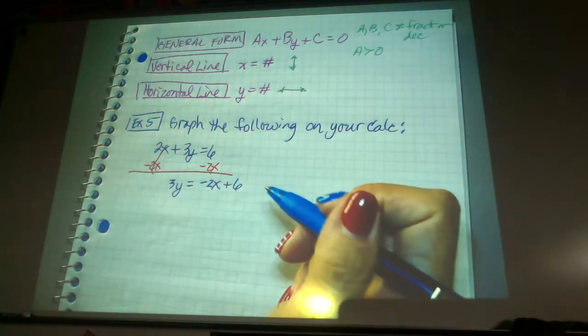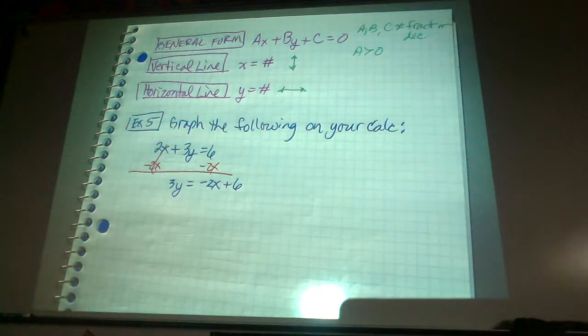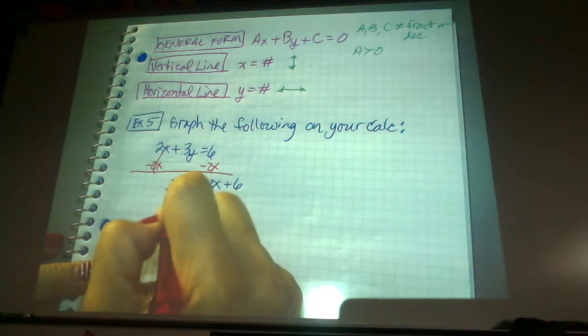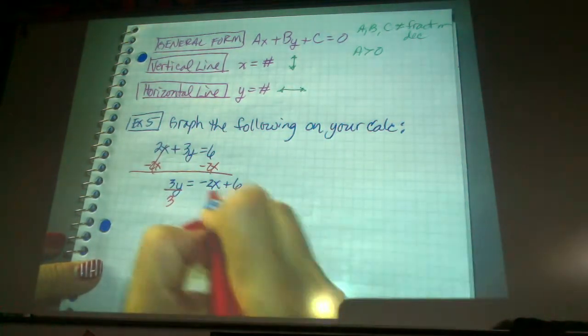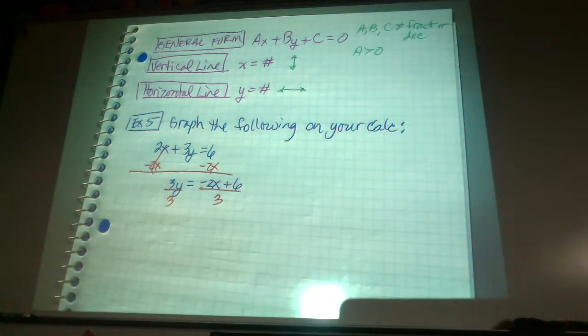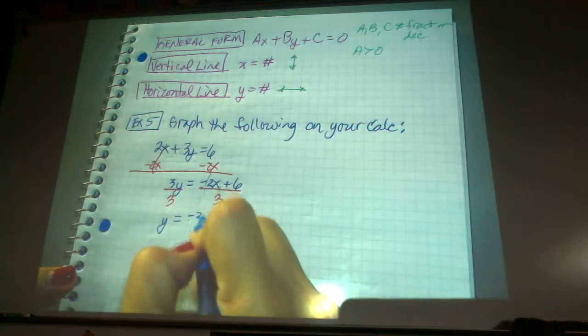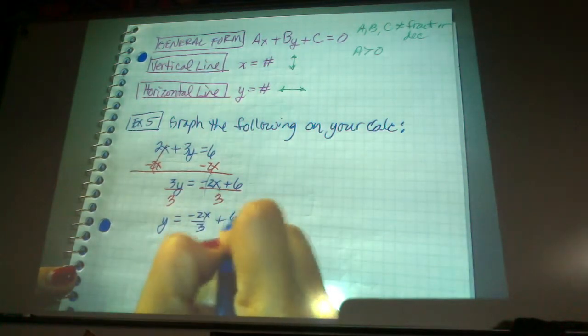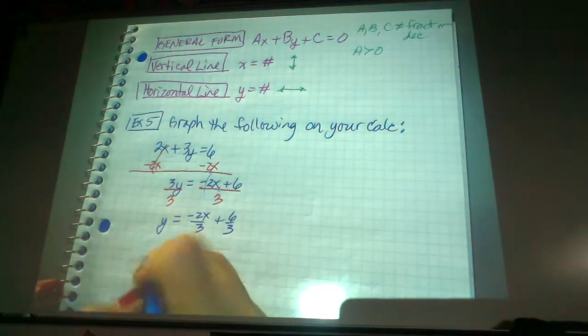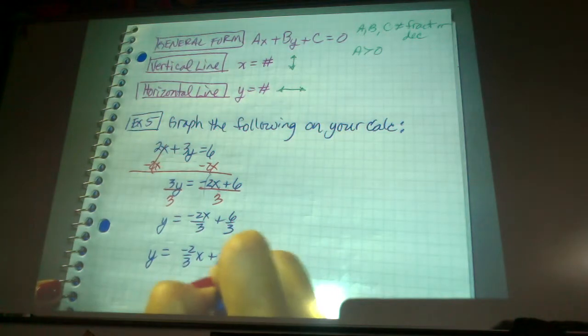And if I'm not asking you to write the equation in slope-intercept form, then it would have been okay to write it that way. Then if I divide the left side by 3, I must divide the entire right side by 3, which means that each of these get divided by 3 as well. Which means your final form is negative 2/3 x plus 2.